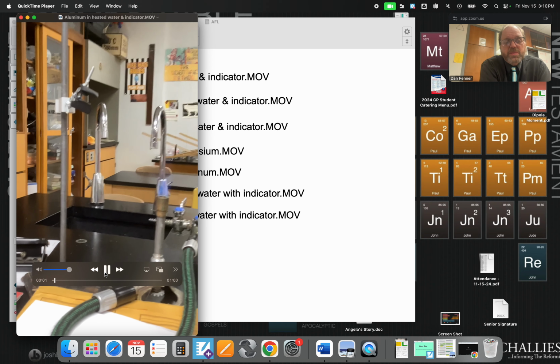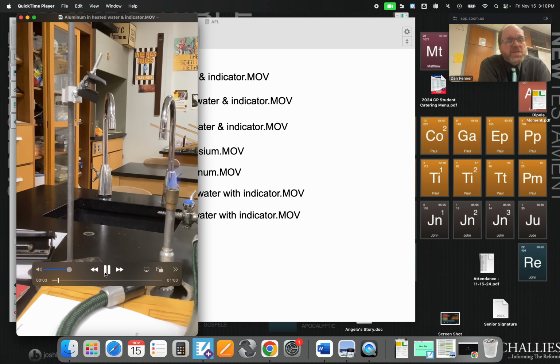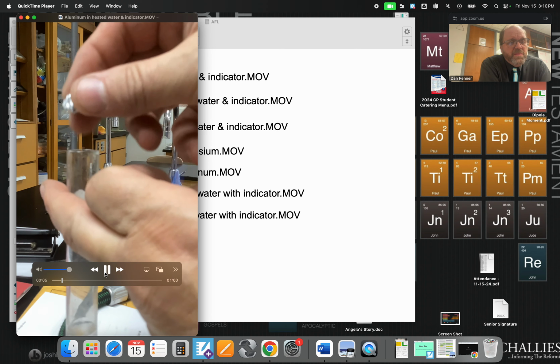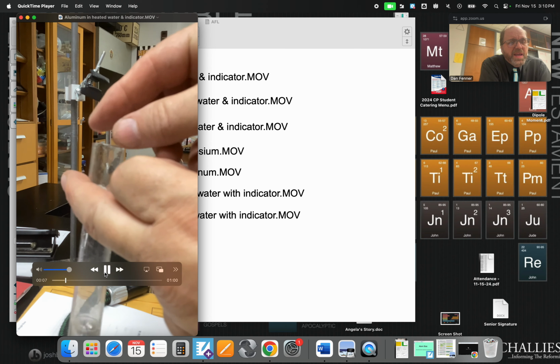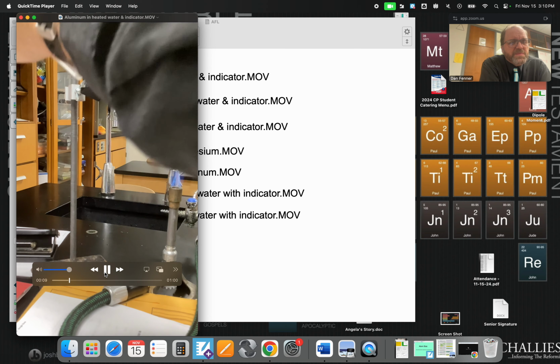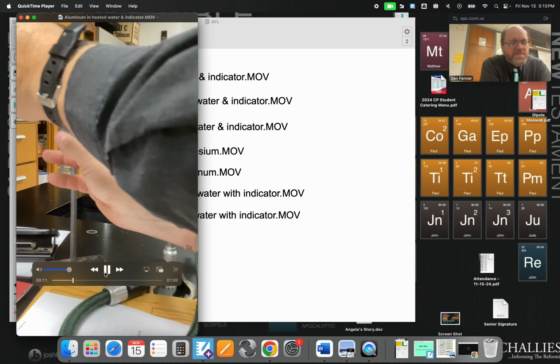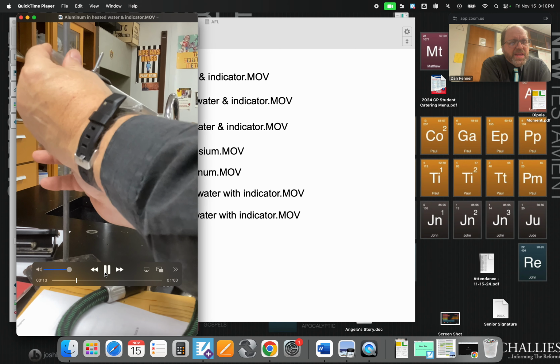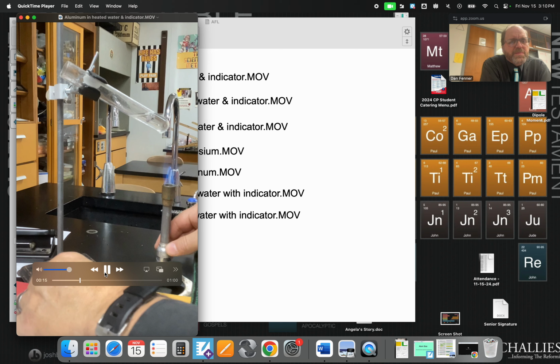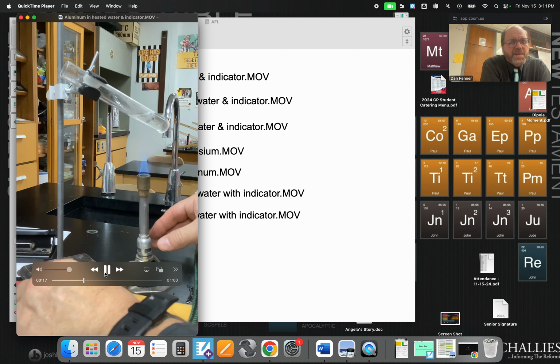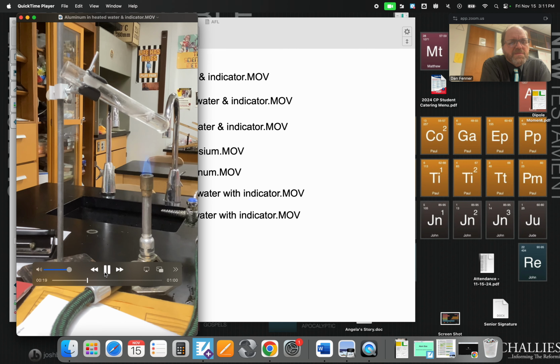I have a test tube out this time because I knew it was having problems. So I put the aluminum piece inside the water directly, slide it back into the heat source, and begin to heat it up. Again, just heat it long enough to get it to begin to boil.